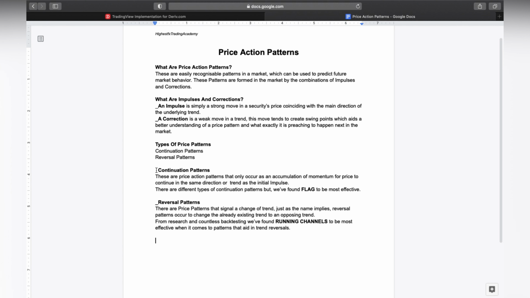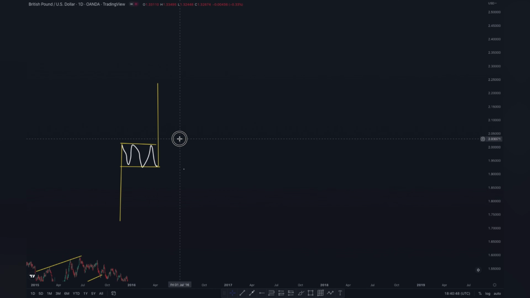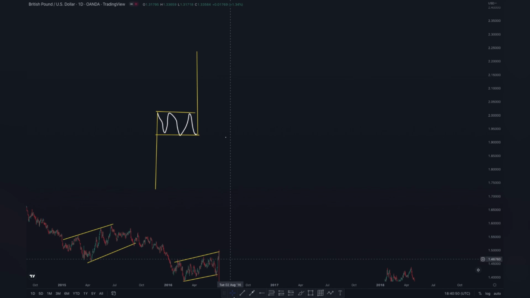That is why we said these are price action patterns that only occur as an accumulation of momentum for the price to continue in the same direction as the trend it was initially, right? Now what we talk about as accumulation is this: there are people who still don't understand the phases of the market, the impulse phase and corrective phase.